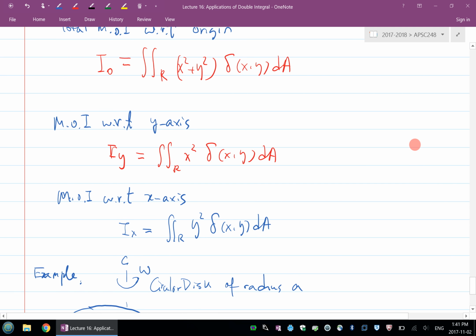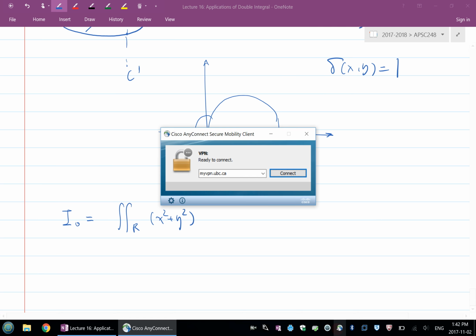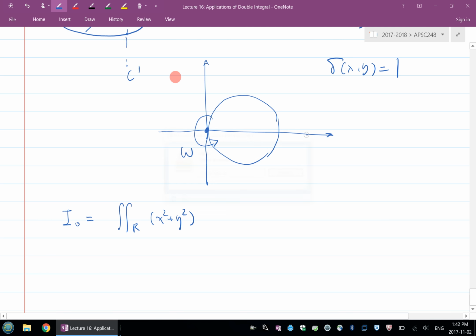It's about the origin, so we need to use this formula. Let's write it down: I equals the integral of x squared plus y squared times delta dA. That's how we're going to calculate this moment of inertia.